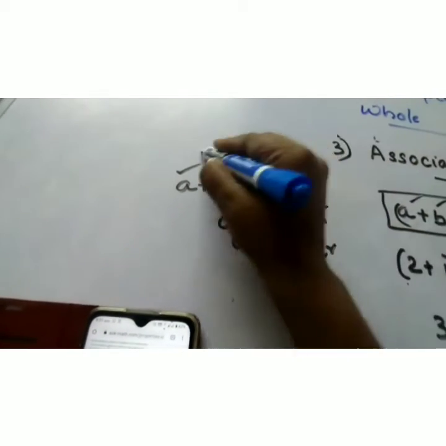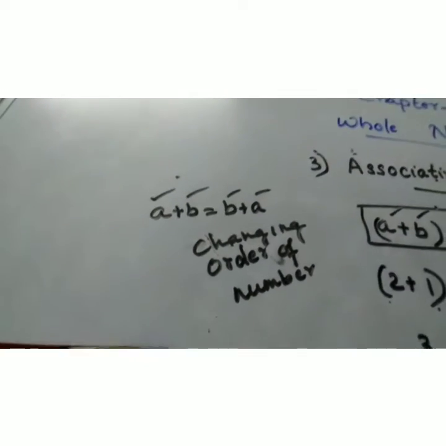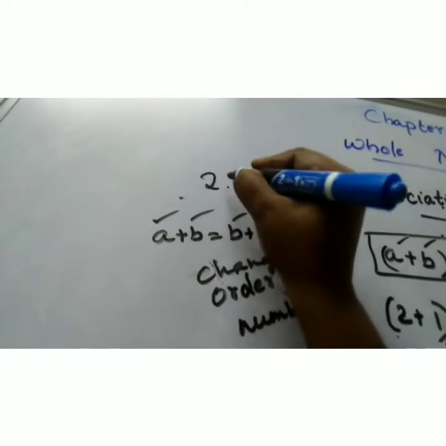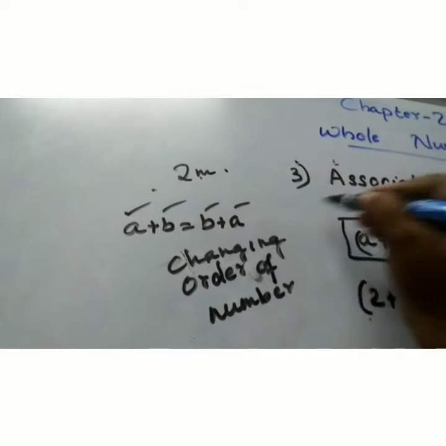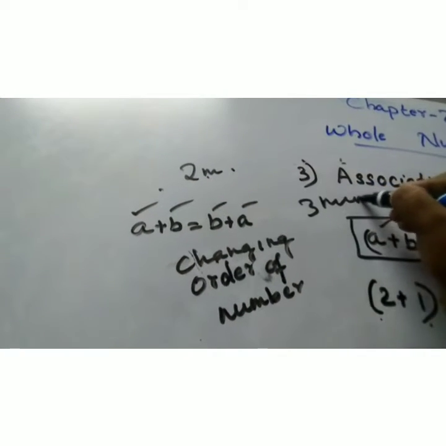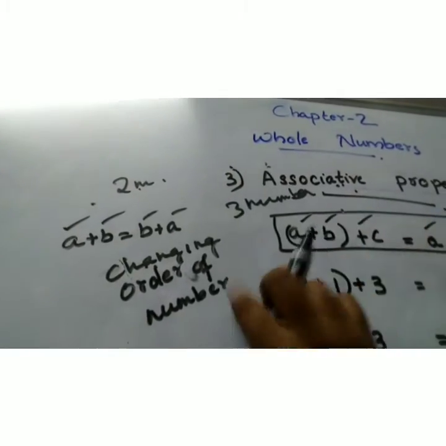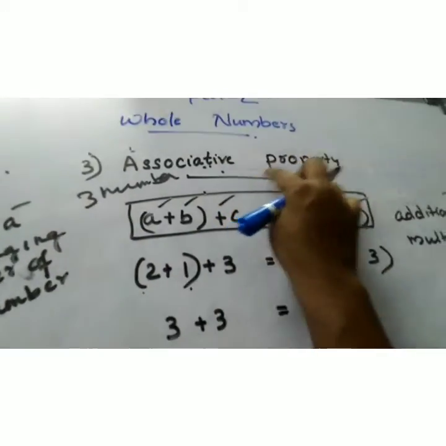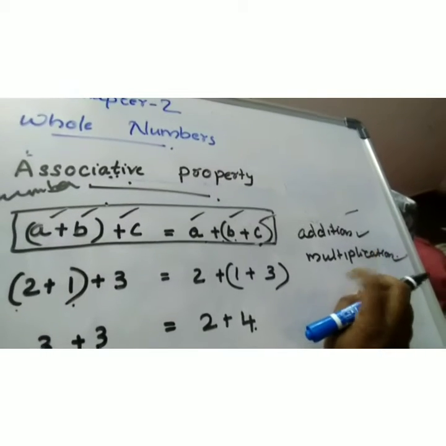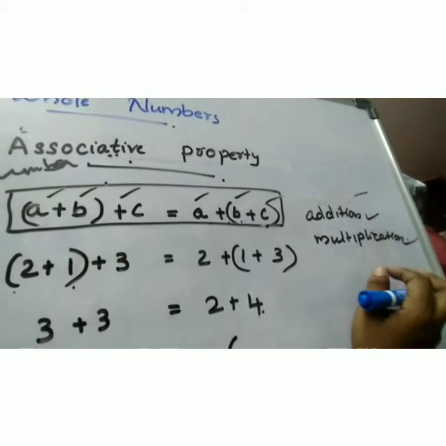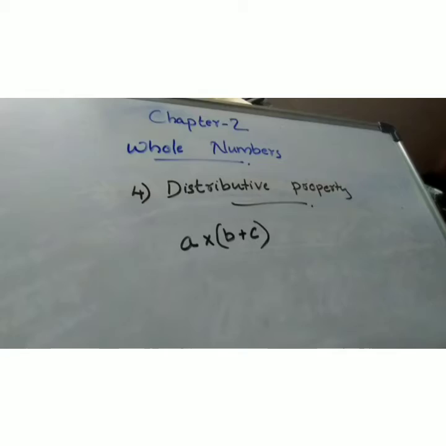What's the difference between the commutative property and the associative property? In commutative properties, we are using 2 numbers. In the associative property, we are using 3 numbers. The commutative property is closed under addition and multiplication. The associative property is closed under addition and multiplication.